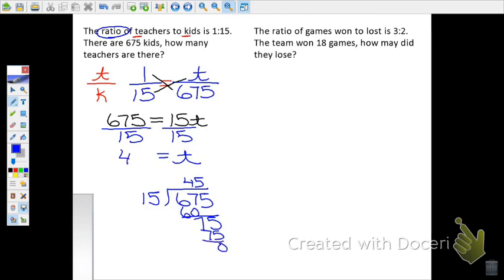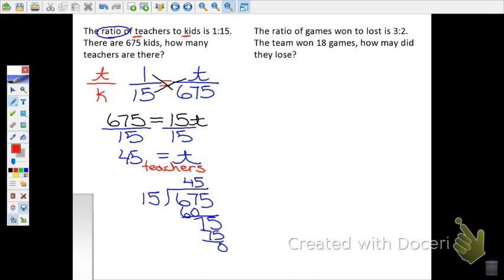So 45 teachers. Need to make sure you label your answer. So if there are 675 kids, there should be 45 teachers. Next problem.